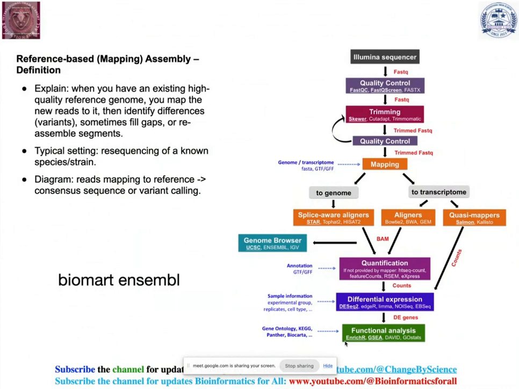And please don't forget about the BioMart Ensembl database, which will be the major source of the files which you will need while you are performing the genome assembly. For example, the reference genome or the annotation file or GTF files and many more things. You will get direct access without any login or anything.